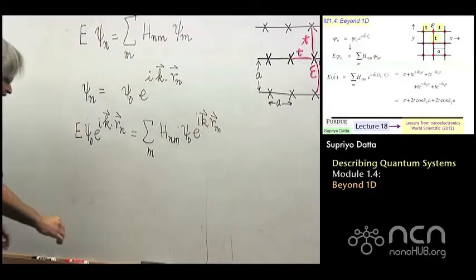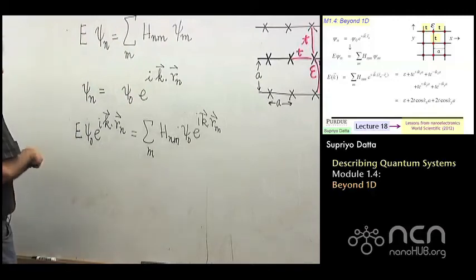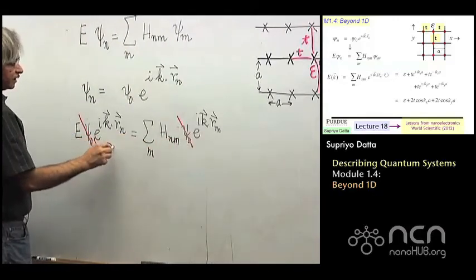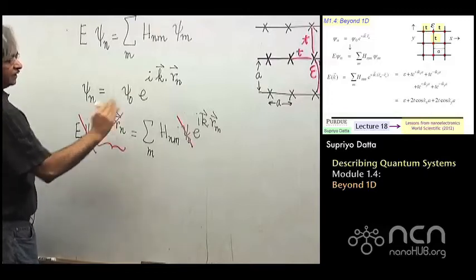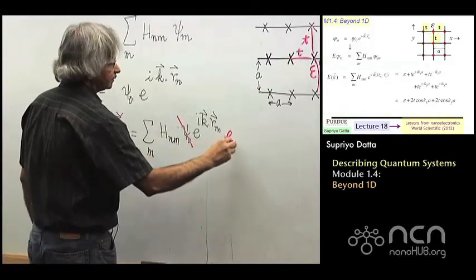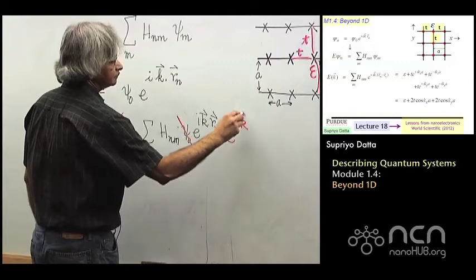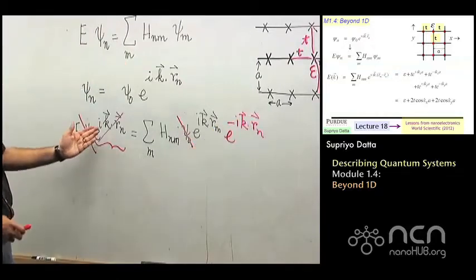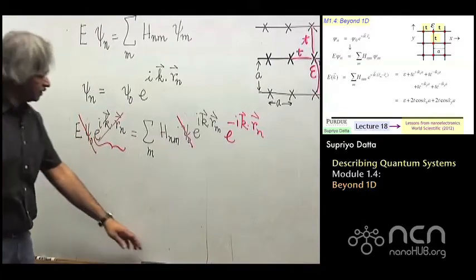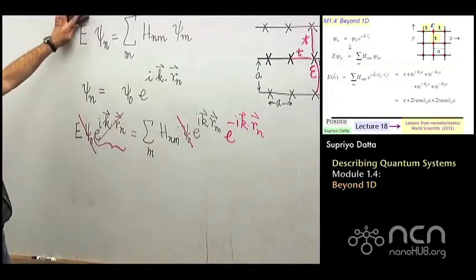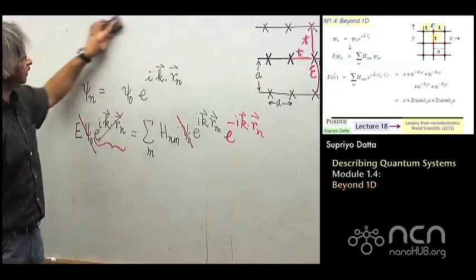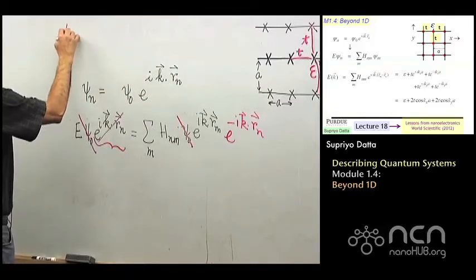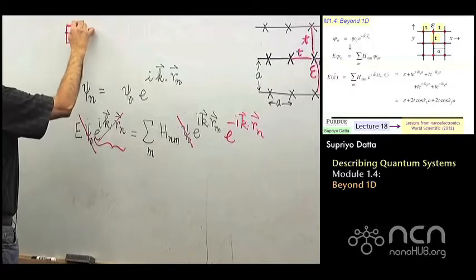And now I can cancel out the psi zeros from both sides, like before. And this exponential term I can take out from here and put the negative exponential on that side. So overall then, we immediately have this EK relation, which I can put up here. It will look like E(k), and k is now a vector.